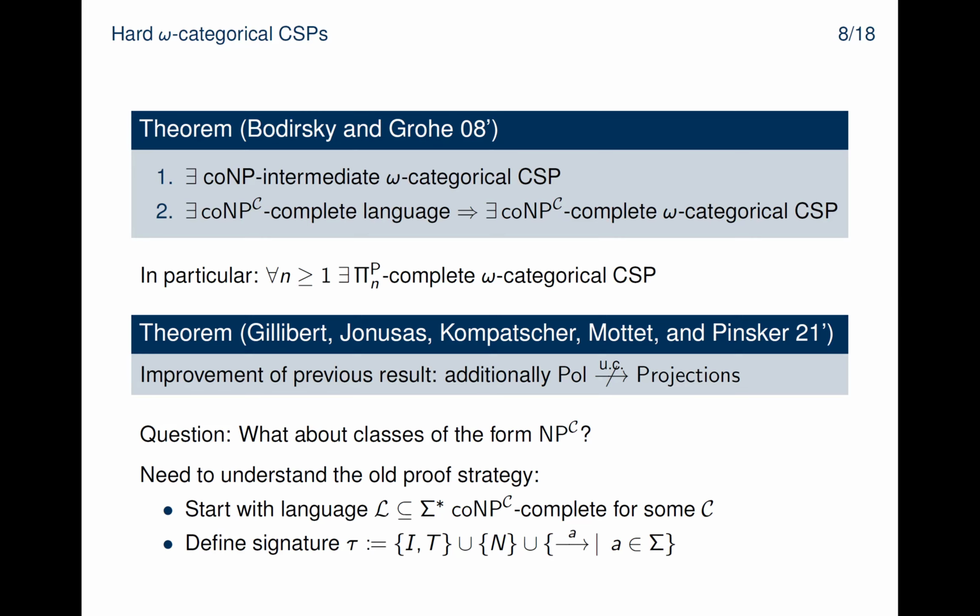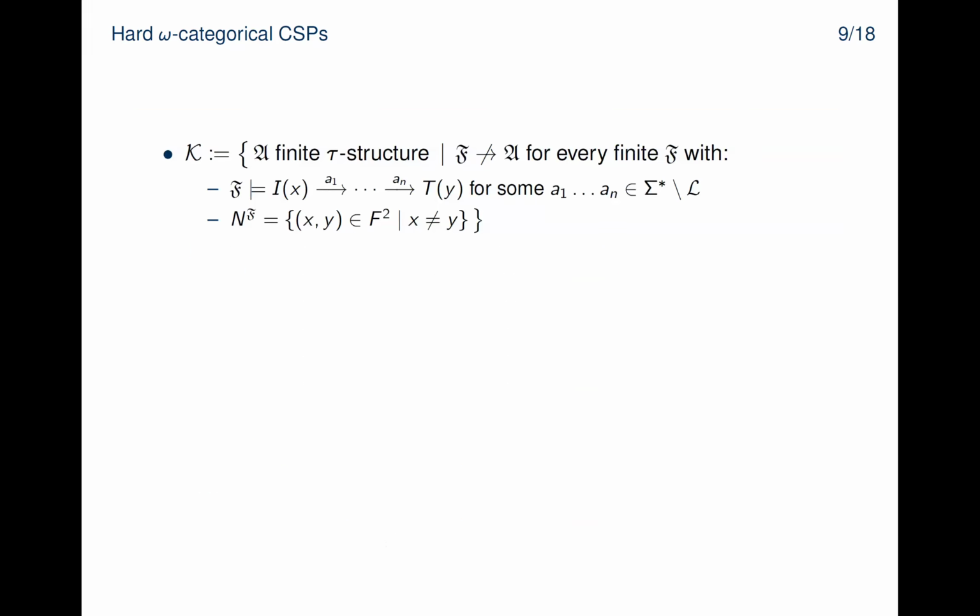This is our signature tau, and now we define a class of structures from the language. This class will be all possible finite structures over this signature tau which do not admit a homomorphic image from any finite structure F of the following form. First, maybe I will start with the second item. The symbol N should be interpreted as the inequality.